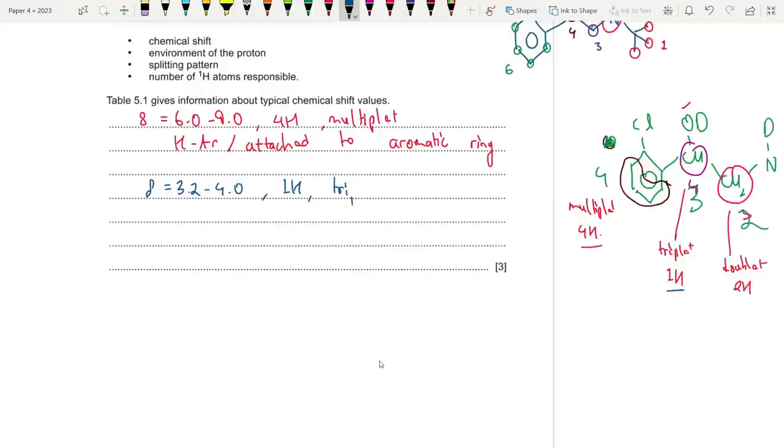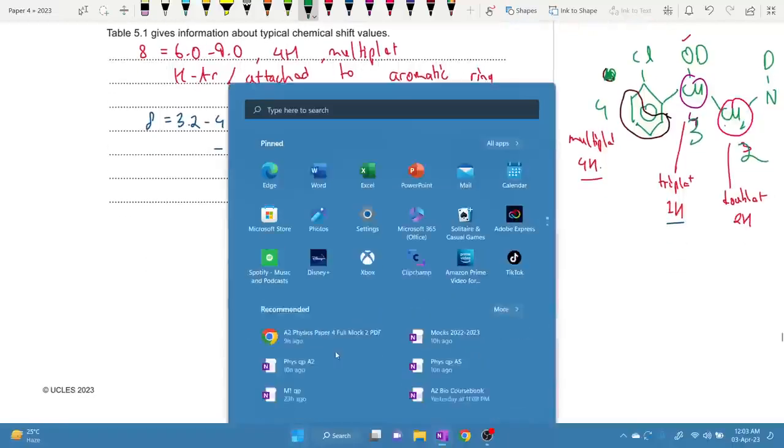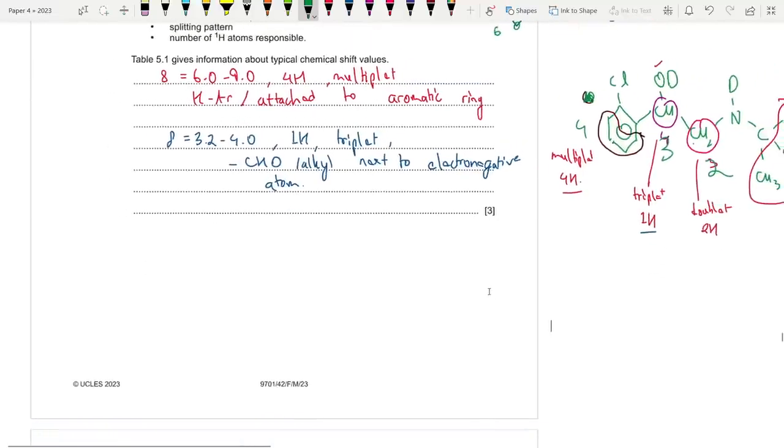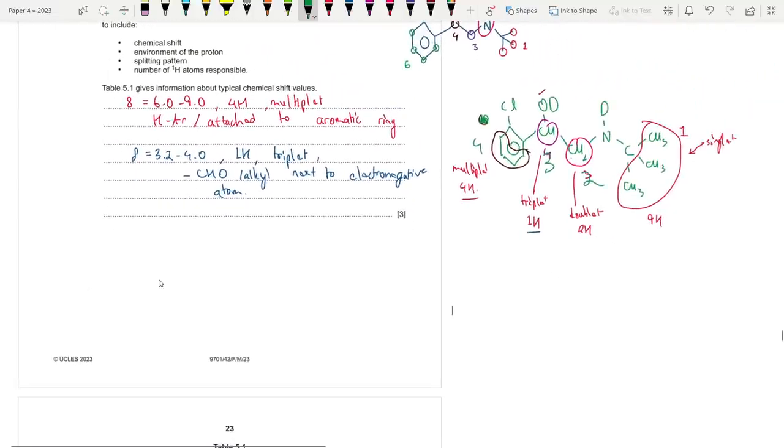It is a triplet, I already taught you guys, because the adjacent carbon has 2 hydrogens, and it is basically a CHO, or alkyl next to electronegative atom. Okay, last, the one on the right, the triple CH3, yeah, triple CH3.